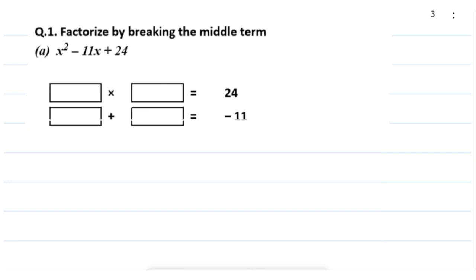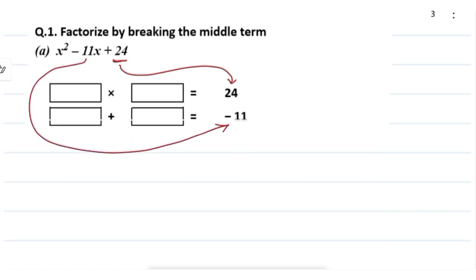It's an example in which we have x square -11x plus 24. So we'll be looking for numbers whose product is 24, but whose sum must be -11, which is the midterm.